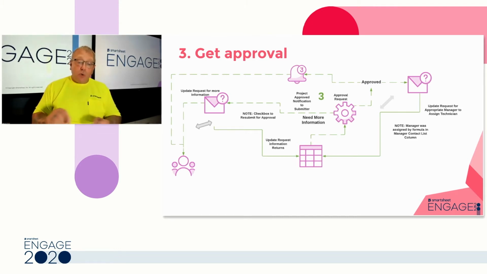And we're going to send an update request to the appropriate manager to assign the right technician. So now, because we know that manager from that index match formula, we can also now communicate with them to say, here you go, we just approved this. Now give us the right person to fit into that. And they may be keeping track with that in a different sheet with task sheets for those people.